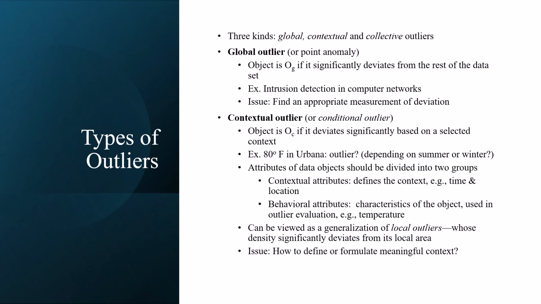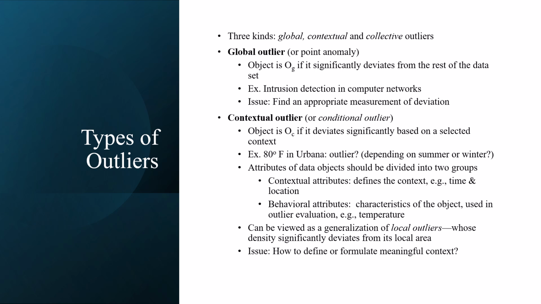To detect global outliers, a critical issue is to find an appropriate measurement of deviation with respect to the application in question. Various measurements have been proposed, and based on them, outlier detection methods are partitioned into different categories. Global outlier detection is important in many applications. Consider intrusion detection in computer networks.